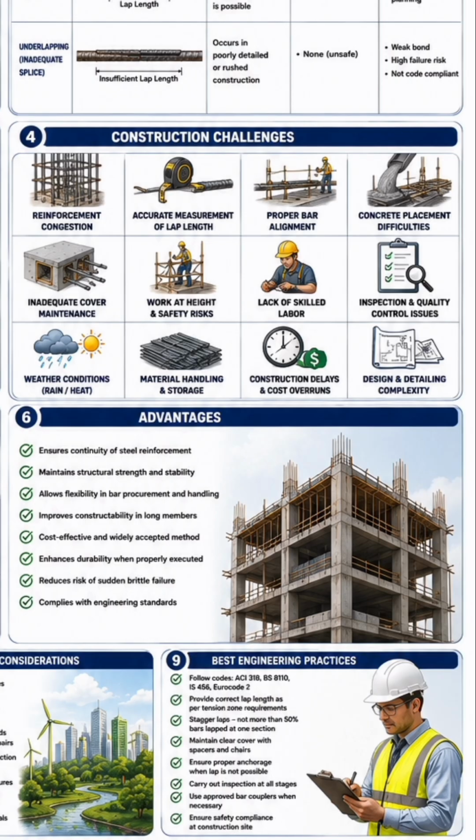So for the construction challenges, which is number 4, those challenges that can be seen, that are visible, with lap length, is reinforcement congestion. So you're going to have reinforcement congestion, then accurate measurement of lap length, right?